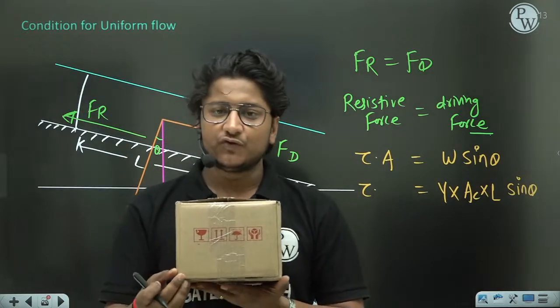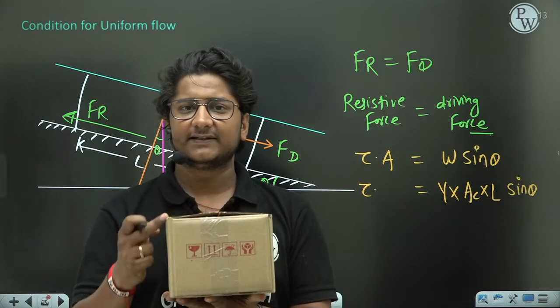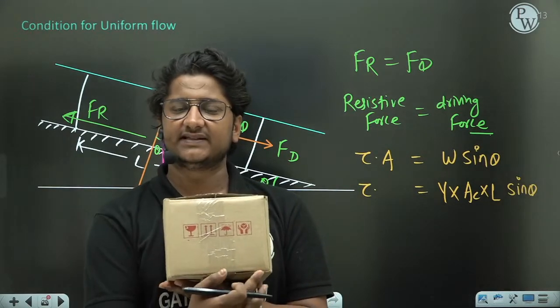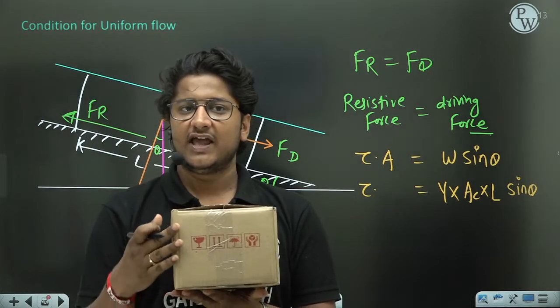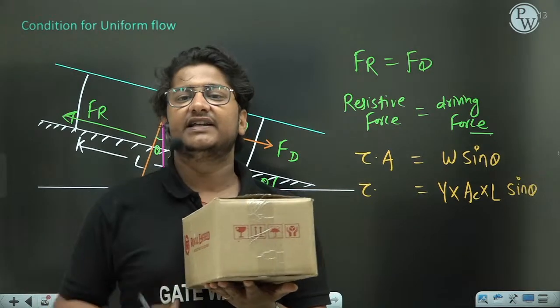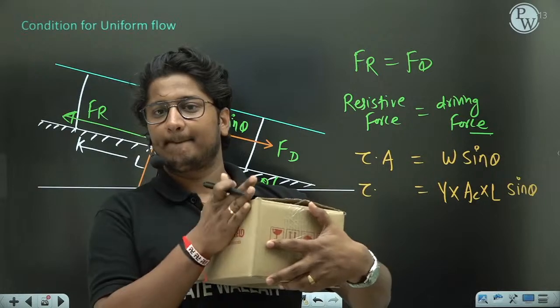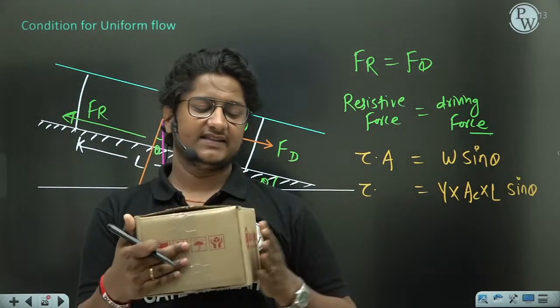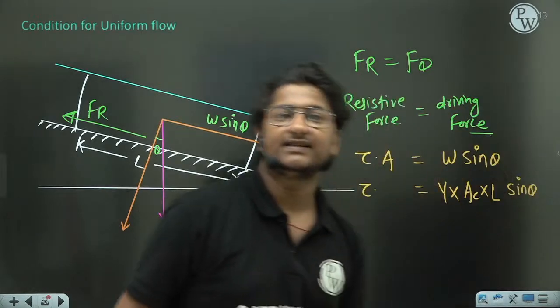Now, if you see, what is the perimeter? This length plus this length plus this length will give you the perimeter of this cross section. If you multiply that perimeter into this length, it will give you the surface area. Surface area means this area and this area. These are the areas from where you are getting that resistive force.